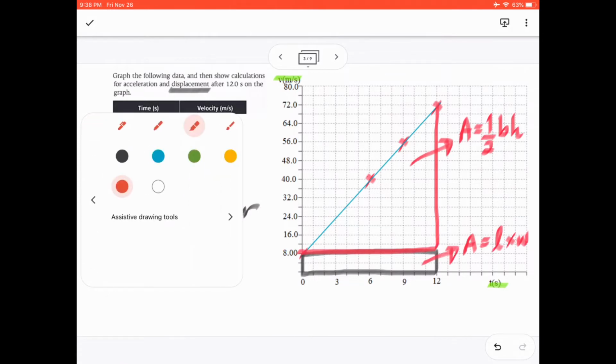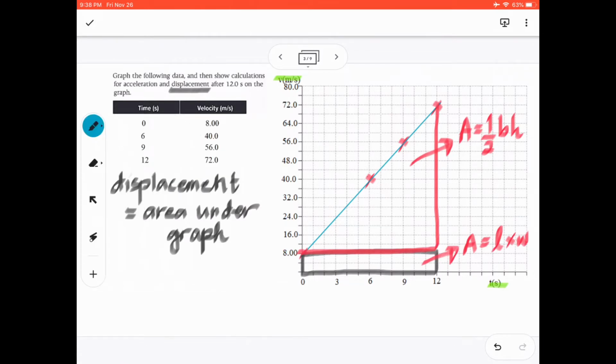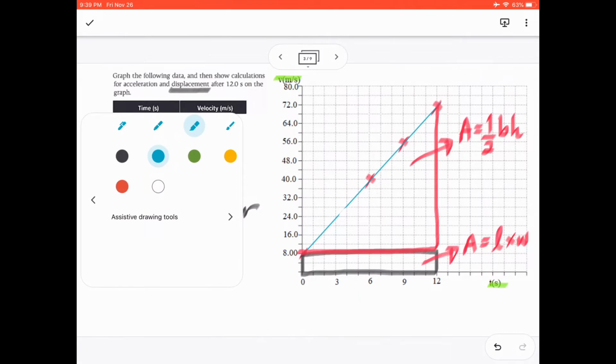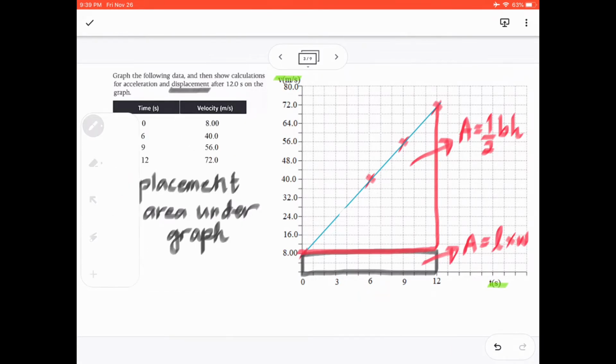Okay, let's substitute the values. Area of the triangle is A is equal to 1/2 times base. Okay, area is equal to 1/2 times the base.